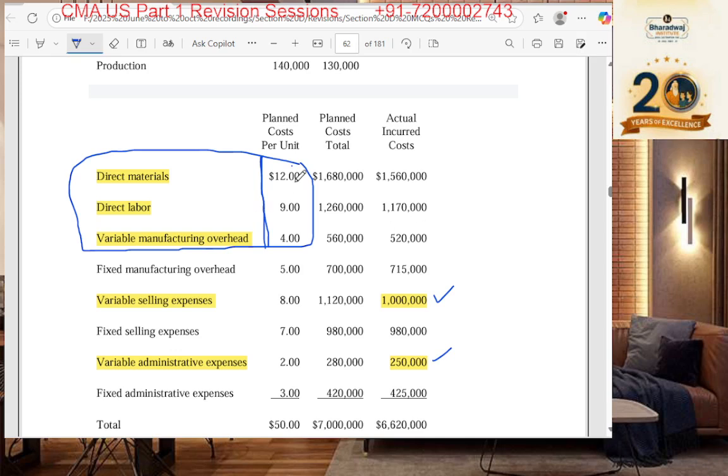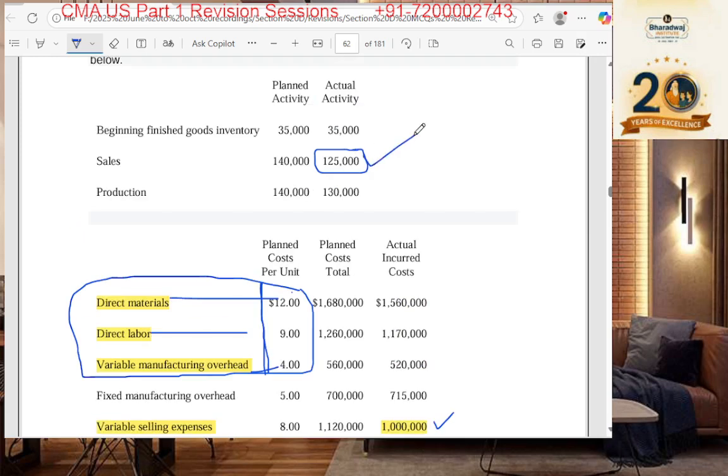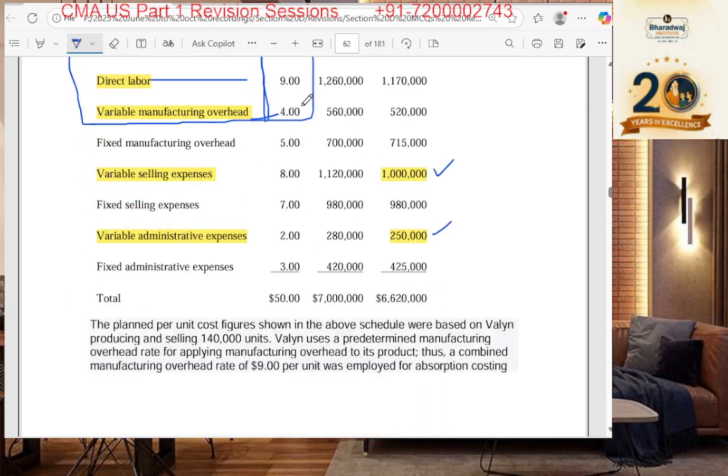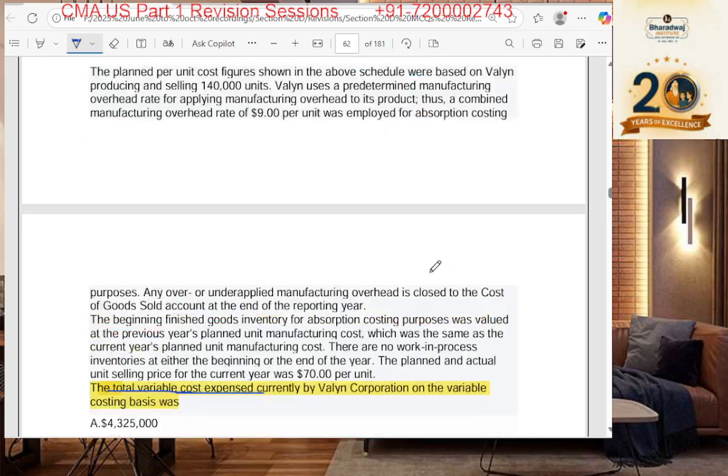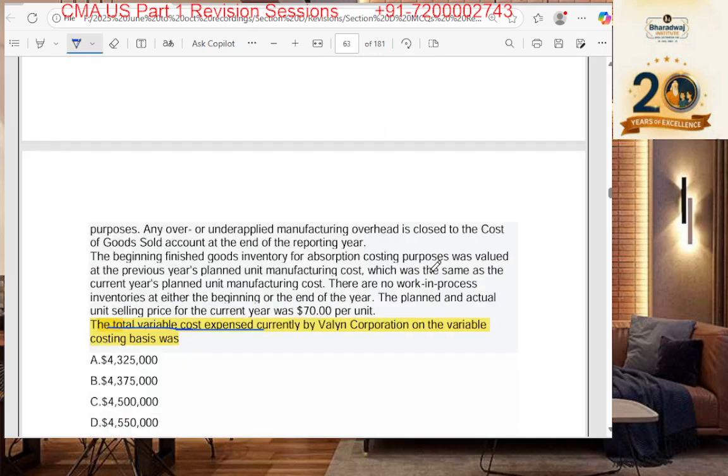Direct material, direct labor, variable overheads, we charge in P&L account. This 1,25,000 into 25 is 31,25,000, plus the actual variable expenses of selling and administration. 43 lakh, B.